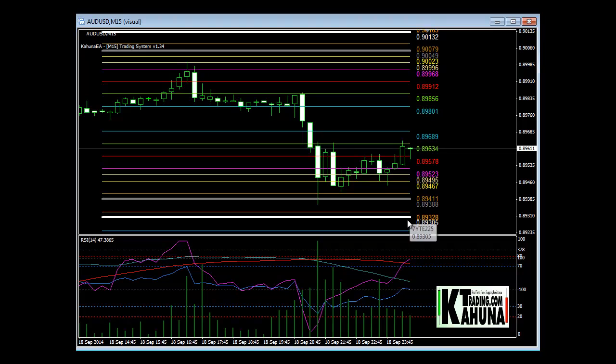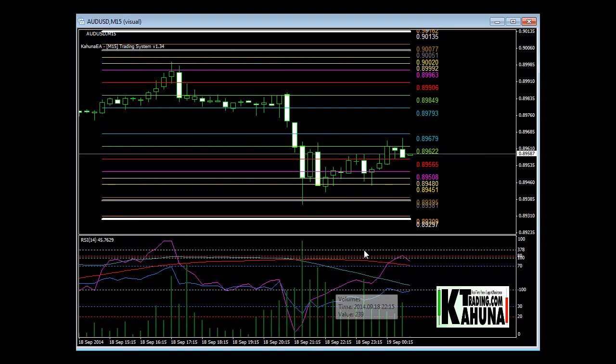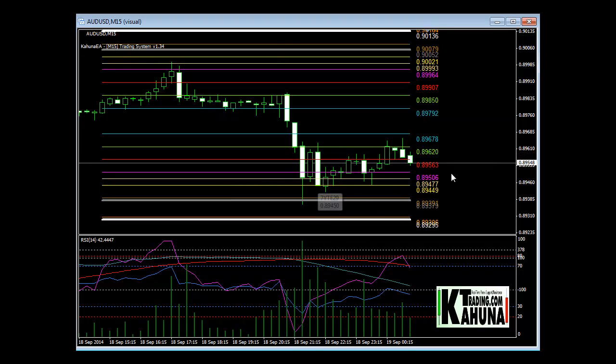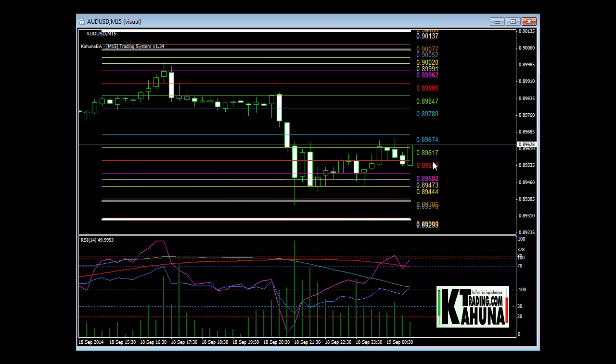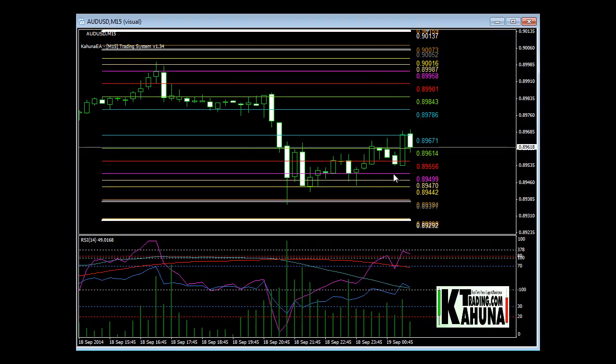These indicators aren't the best. I'm sure you probably have better ones. But the point is Kahuna lines work.